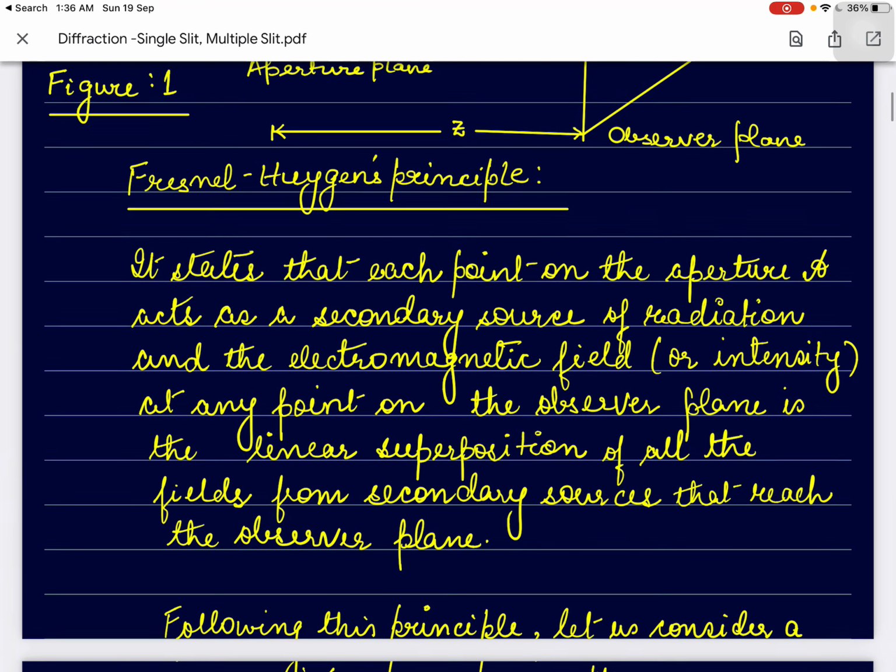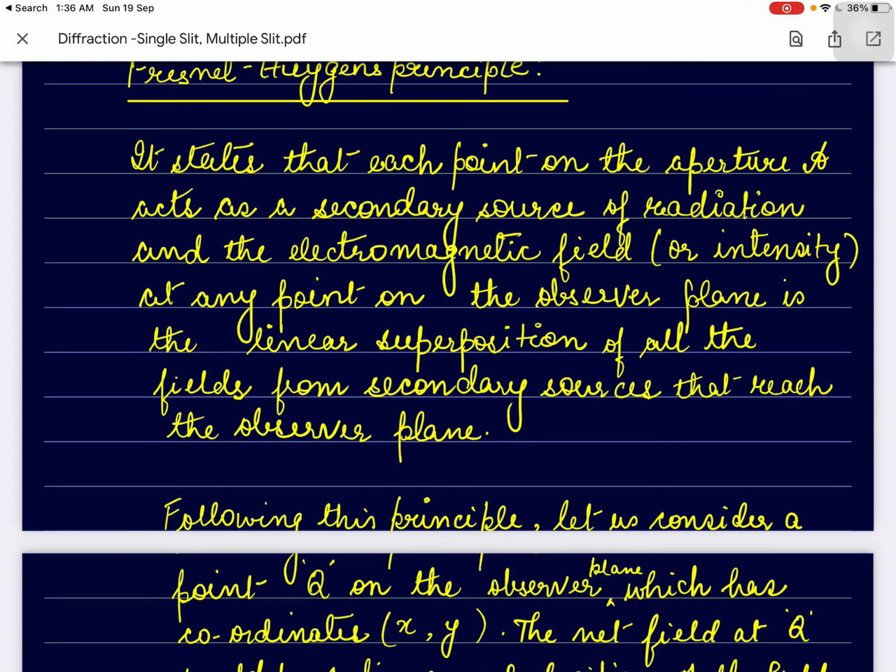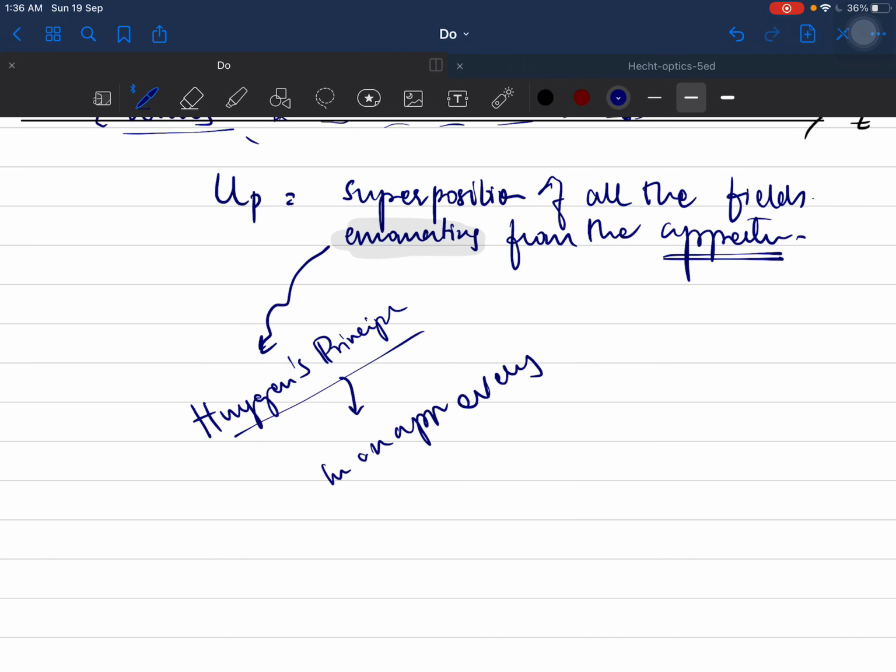I don't remember the exact definition. Let me check. Yep, the Fresnel-Huygens principle states that each point in the aperture acts as a secondary source of radiation. In an aperture, every point behaves like a point source, emitting a spherical wave.